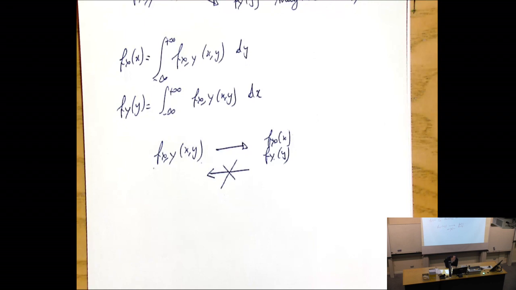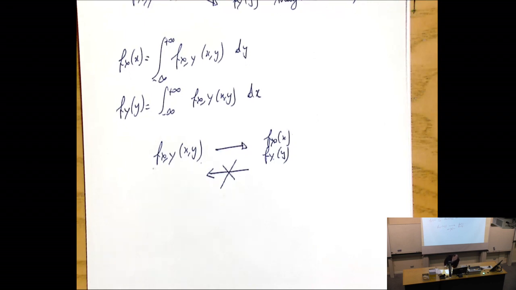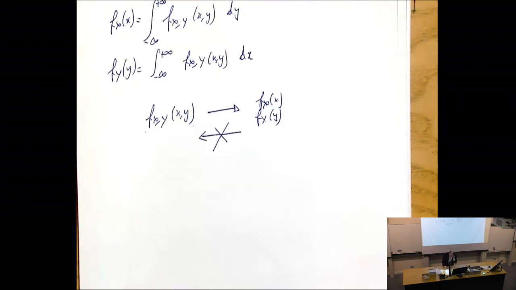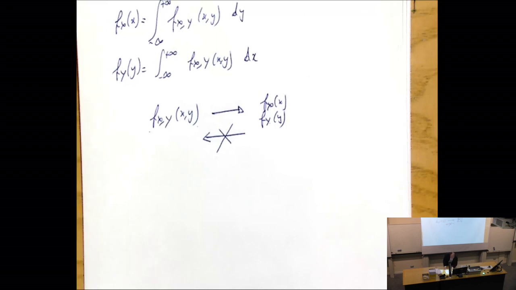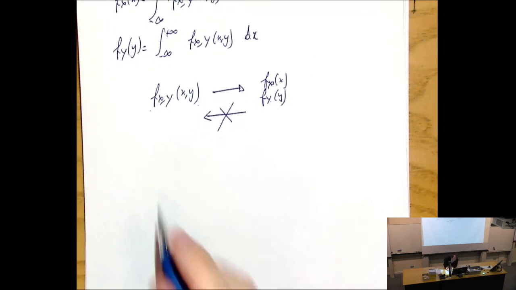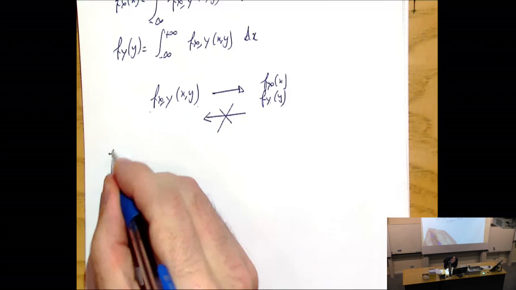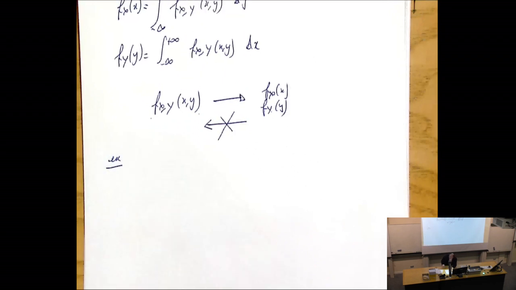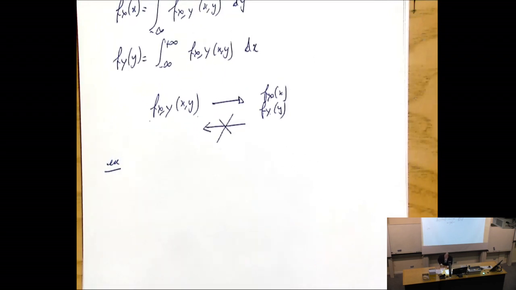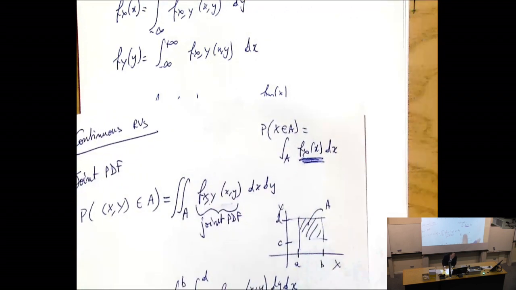Okay, so let's look at two scenarios. One relatively easy and one a bit more complicated. So let's have an example where the domain is rectangular, right?